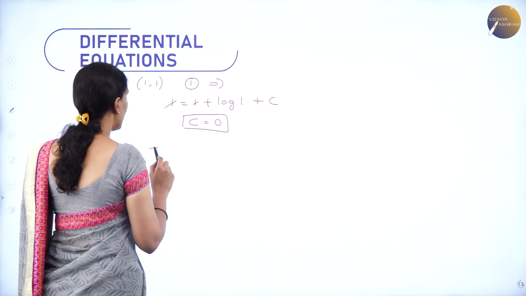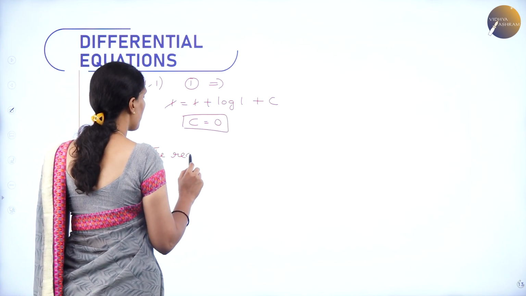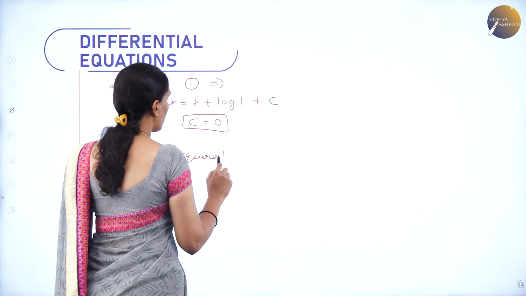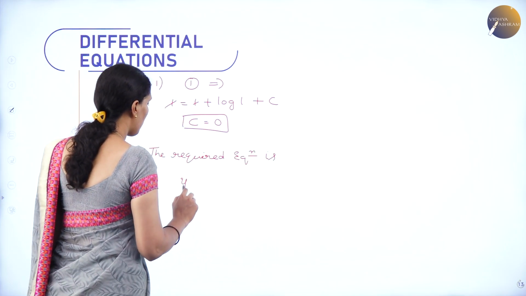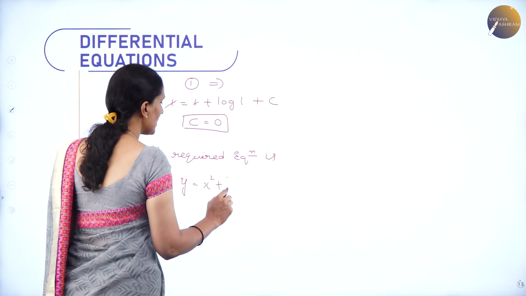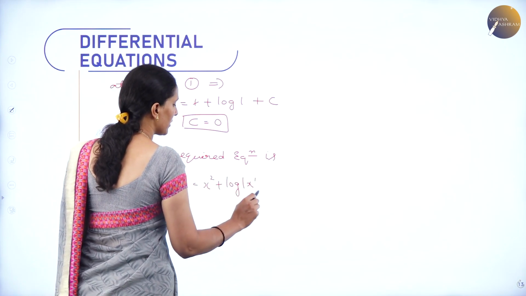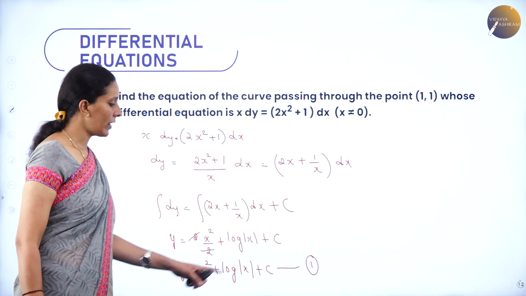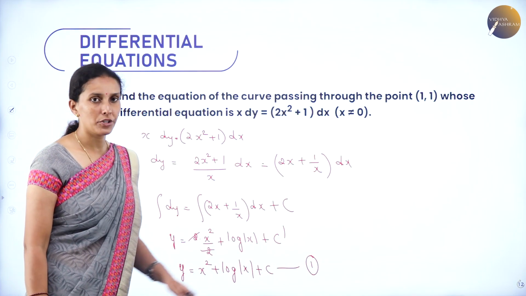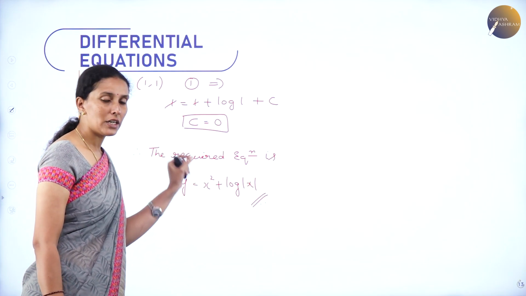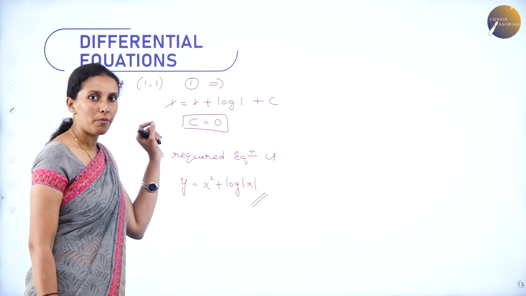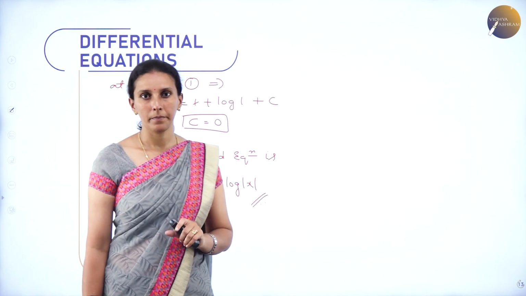So therefore the required equation is y is equal to x square plus log mod x. So we need to find out what is the value of c at the point 1, 1 and substitute it back to equation 1. So that will give you the equation of the curve passing through 1, 1.